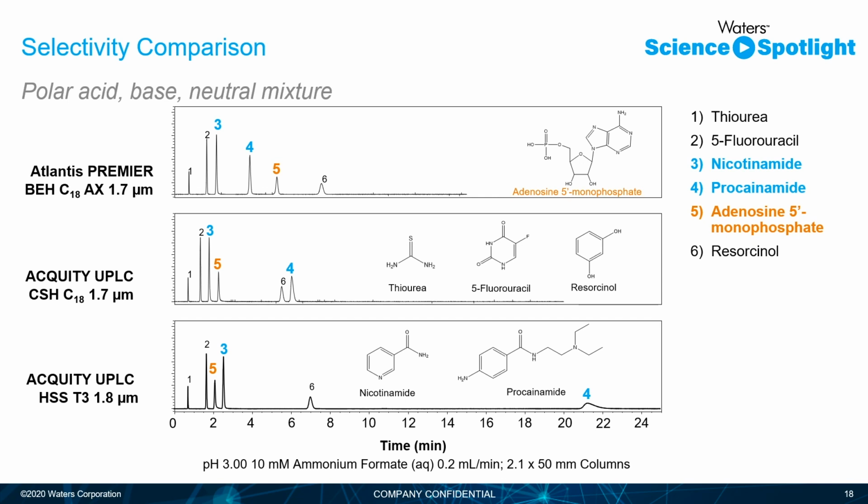If we look at the bottom chromatogram, which is our HSS T3 stationary phase, you can see that the acidic peak is not well retained, but there's excellent retention for the basic analyte peak 4, procainamide. The ACQUITY UPLC CSH C18 stationary phase falls somewhere in the middle, as that has a slight positive surface charge on this chemistry.